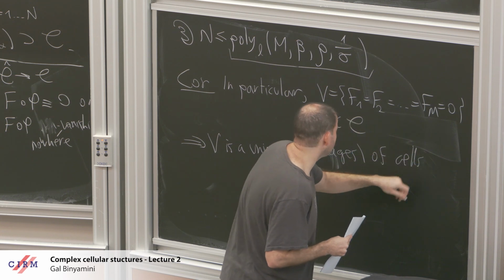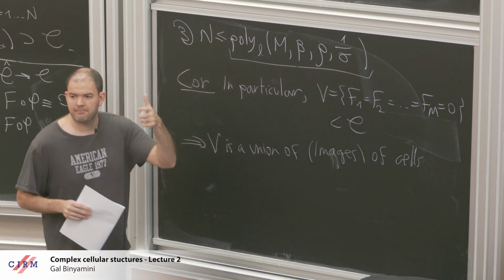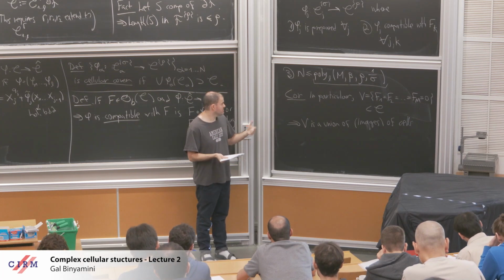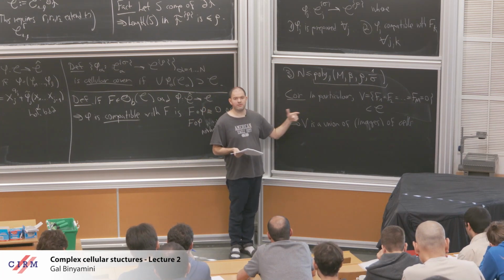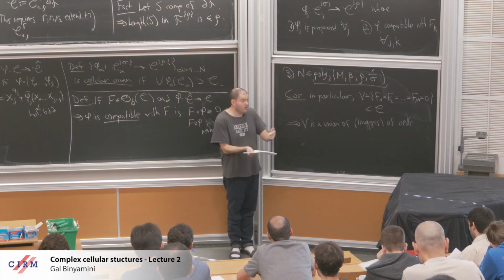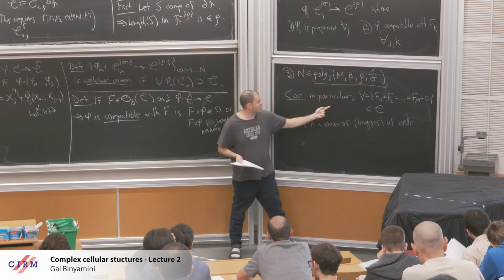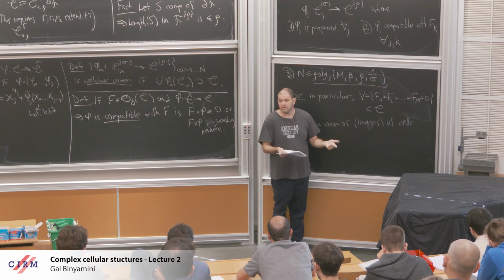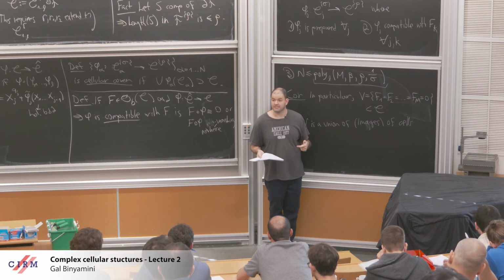Okay, so in particular, you can use this theorem to get a parameterization for any analytic or algebraic set, because every cell is either with f identically vanishing or f nowhere vanishing. So the cells where one of these f's is nowhere vanishing cannot touch V. And then it follows that V has to be just a union of the remaining cells.